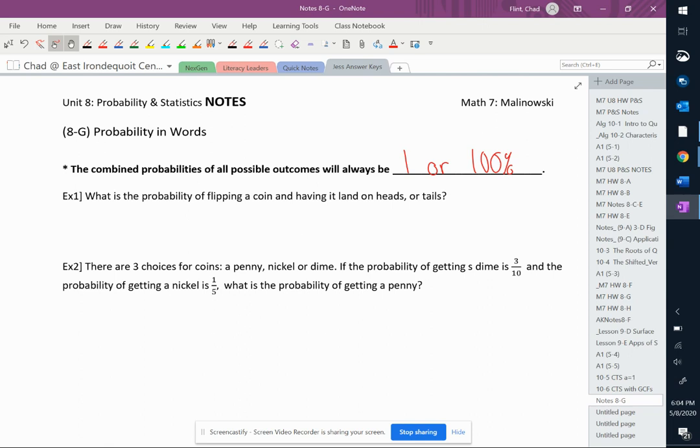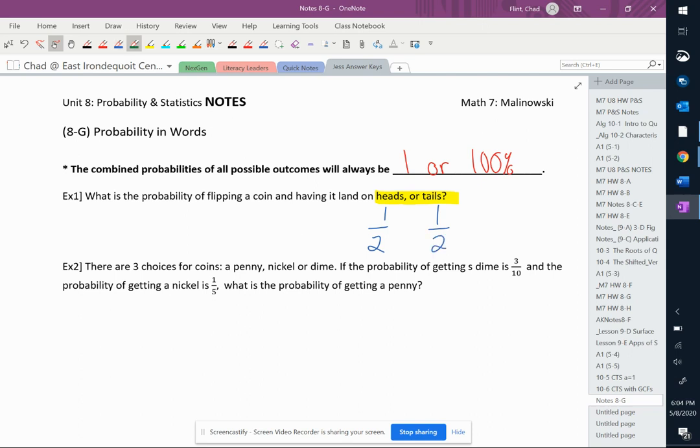So now if I'm looking at the probability of flipping a coin and having it land on heads or tails, well, the probability of having it land on heads would be 1/2. The probability of tails is 1/2.